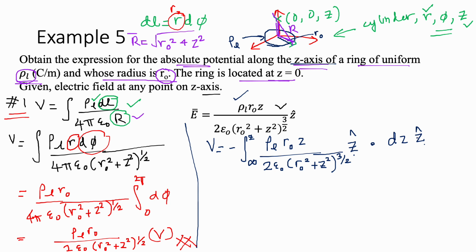Okay, so your dl should be in the z direction as well. If you take this equation further, we can bring all the constants in front.